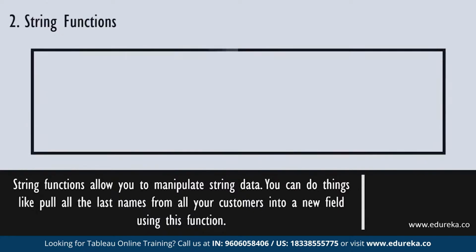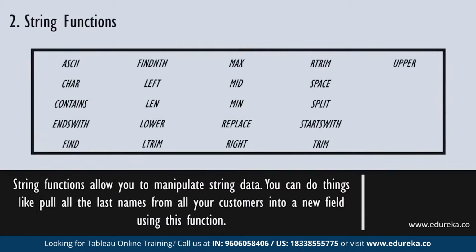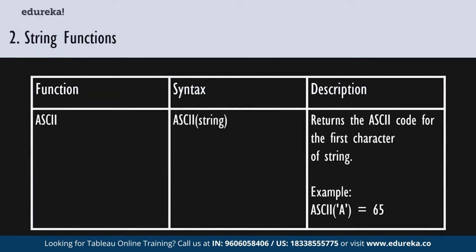So again, on your screens are all the string functions that I'm going to discuss, which is all the string functions that are available in Tableau. This by no way is an advanced tutorial. I'm just going to show you how each syntax works. So let's start with the first one. We have ASCII.